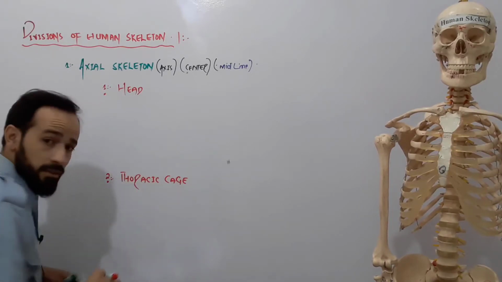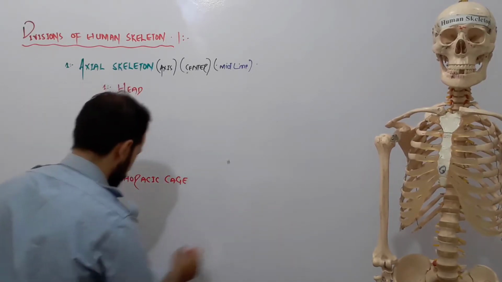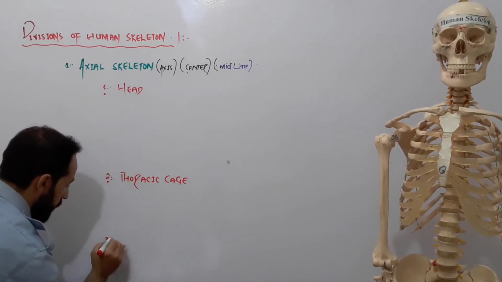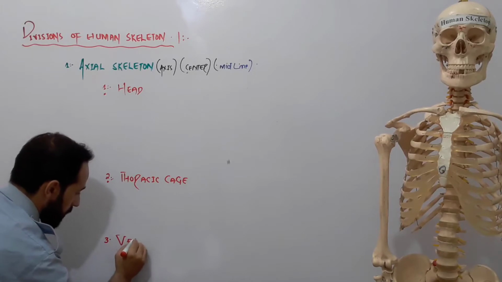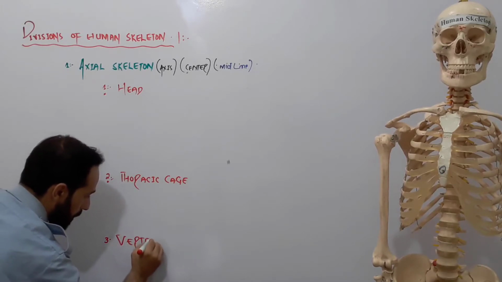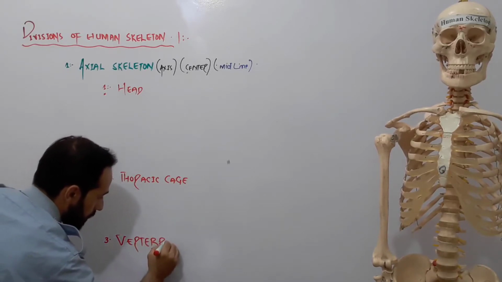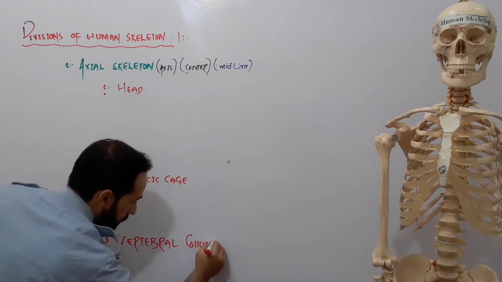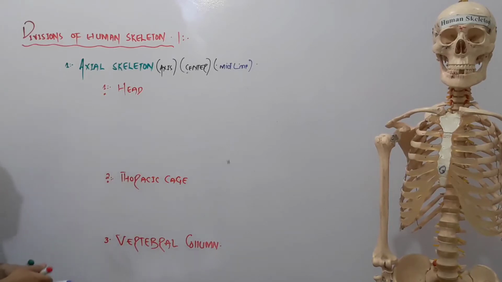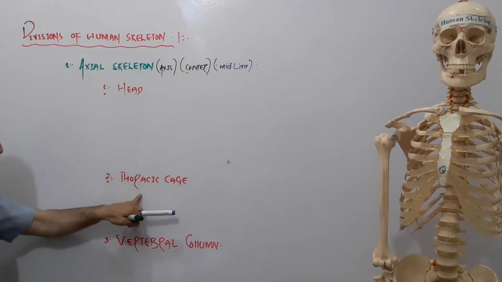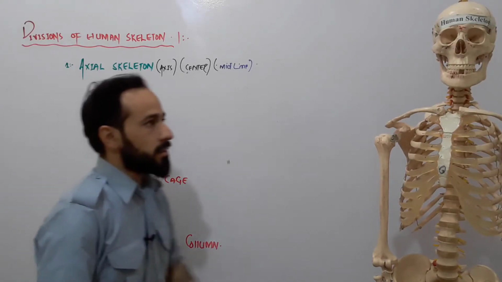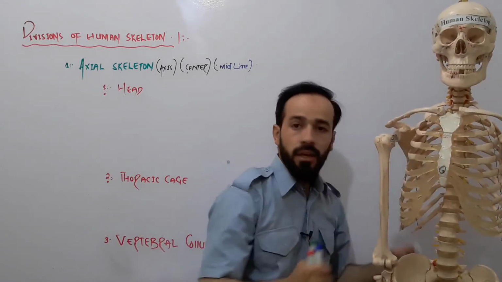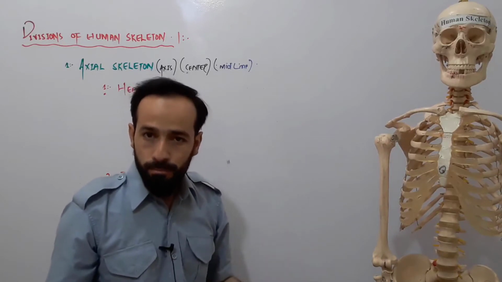Thoracic cage. And the third one which we will discuss is your vertebral column. So let's write it here, vertebral column. Right, it's very simple. So head, thoracic cage and vertebral column, these are the parts of the skeleton which lie totally in the center of your body.